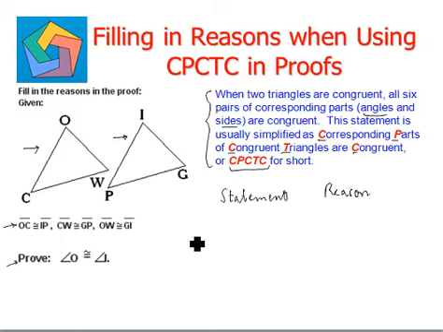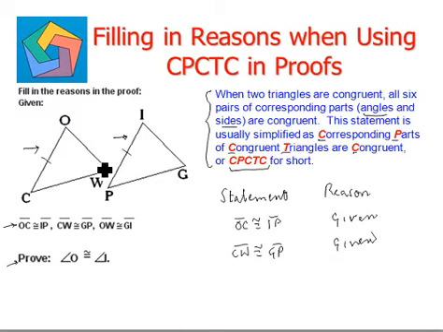So the first statement is OC is congruent to IP. The side OC is congruent to side IP. This is given to us. The second statement is side CW is congruent to side GP. Again, that is given to us.